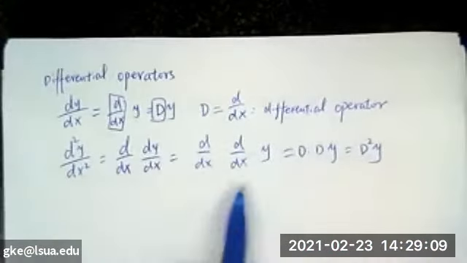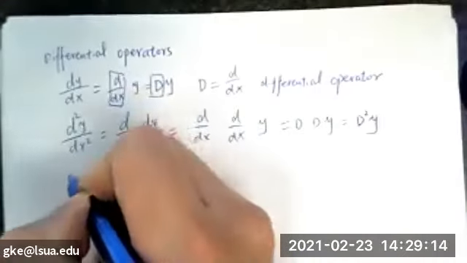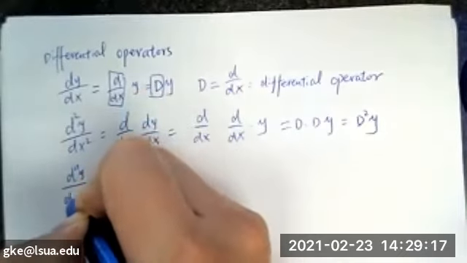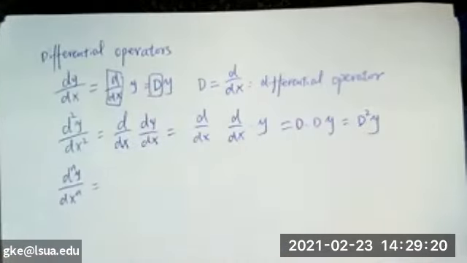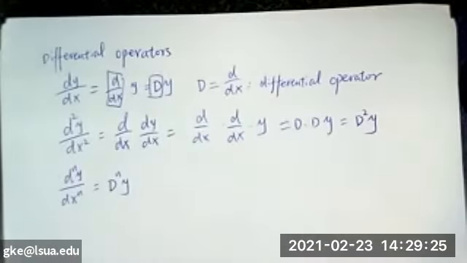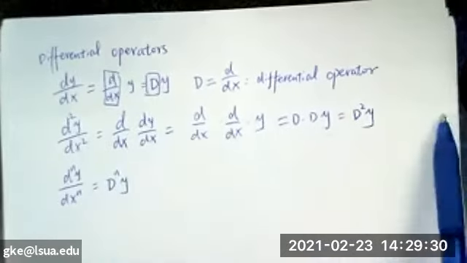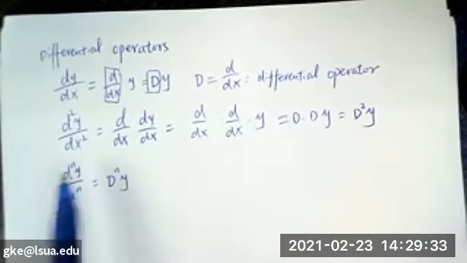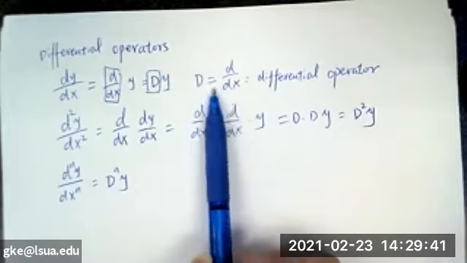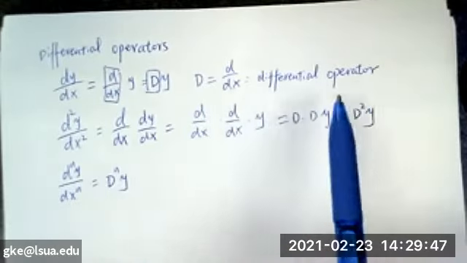So for the second derivative, we can write D squared y. And if we have n derivatives, what can we write down? That's gonna be D^n y. Okay, very straightforward. So for the first derivative, D. Second derivative, D squared. N derivative, D to the power n. Okay, so that's the rule. We define the symbol D to represent the differential operator.